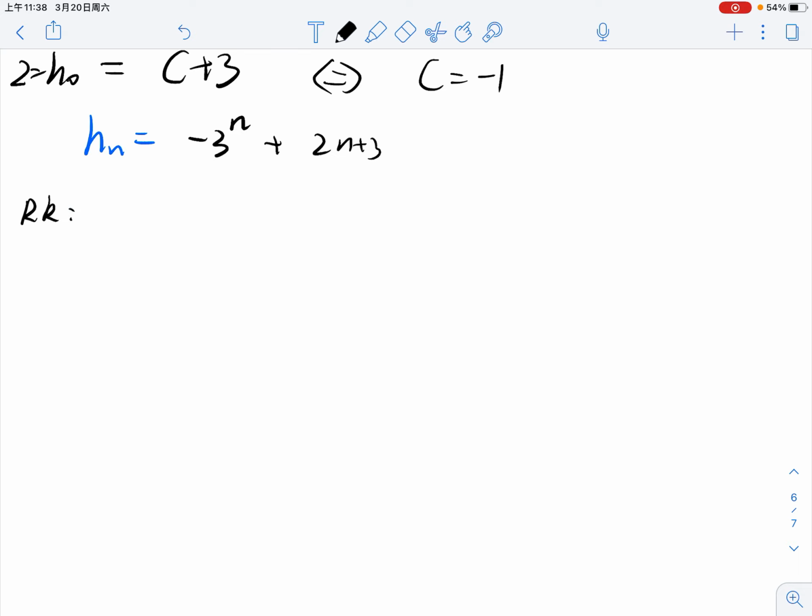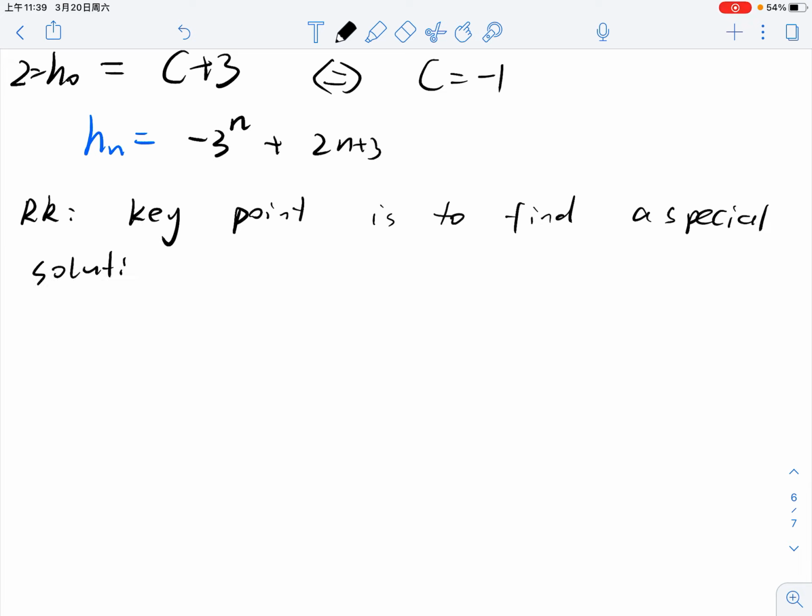Okay, from the previous study, we know that the key point is to find a special solution of the non-homogeneous equation.